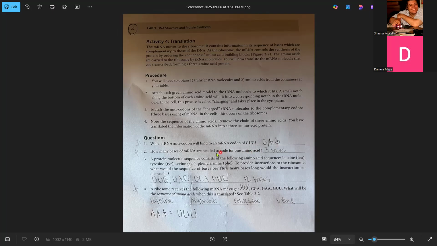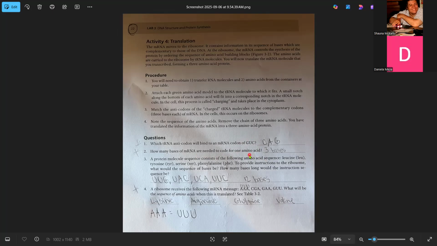How many bases of messenger RNA are needed to code for one amino acid? 3. That's where this 3 comes in. A protein molecule sequence contains the following amino acid sequence: leucine, LEU, tyrosine, TYR, serine, SER, phenylalanine, PHE. To provide instructions to the ribosome, what would the sequences of bases be?